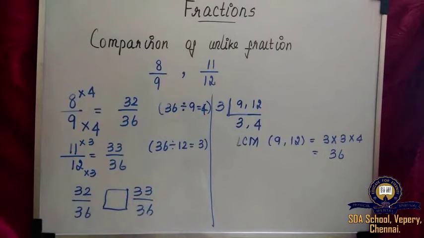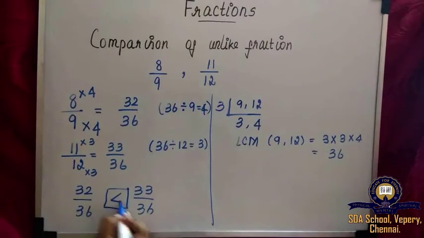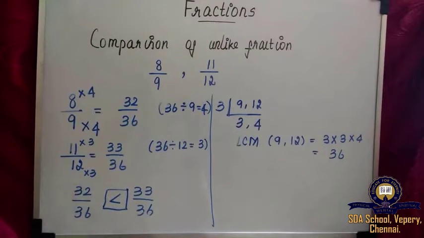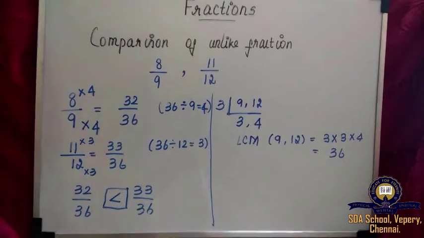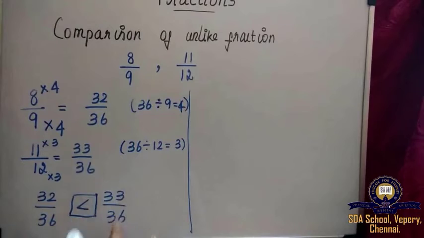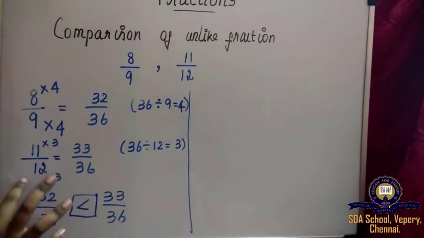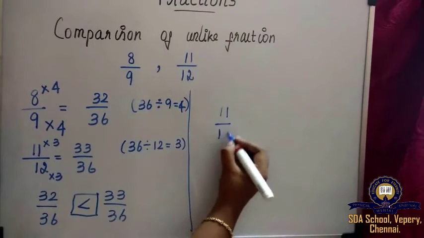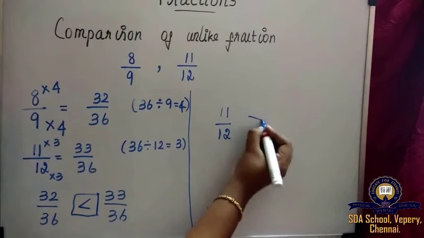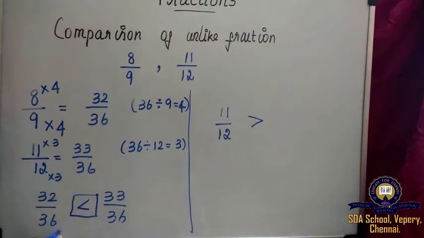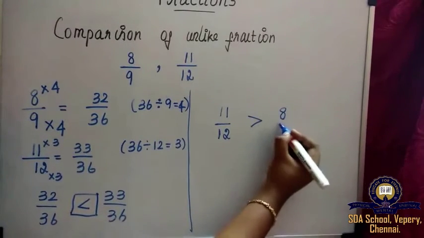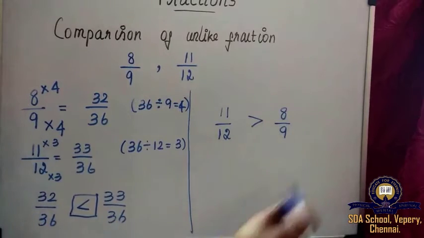Yes, 33 is greater, right? So 33 by 36 is greater than 32 by 36. 33 by 36 is 11 by 12. So we have 11 by 12 is greater than 32 by 36, which is 8 by 9.